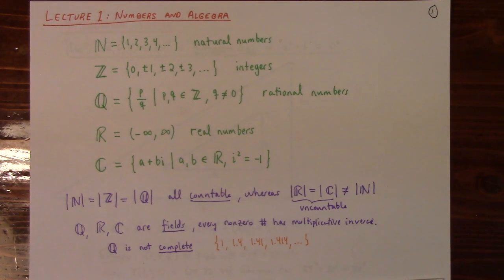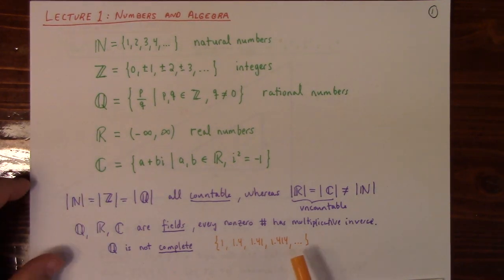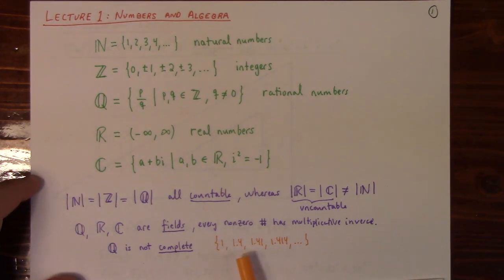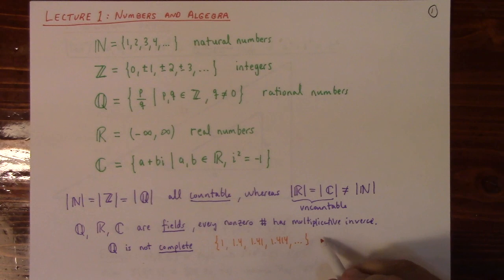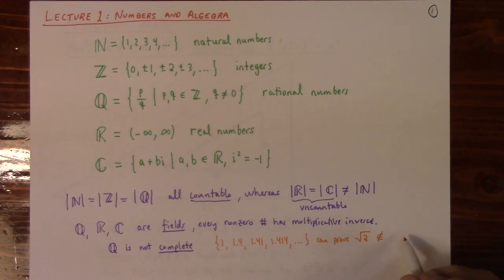All right. And so at each stage here, this is a rational number, right? Because that's 14 over 10, that's 141 over 100, that's 1,414 over 1,000, right? So this is a sequence of rational numbers, and yet the limit of this is the square root of 2. And you can prove that the square root of 2 is not rational.